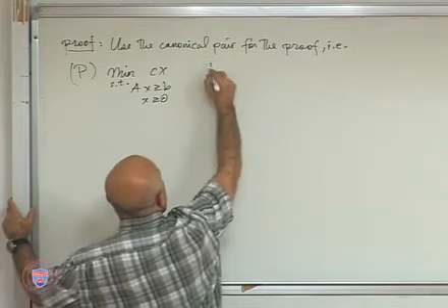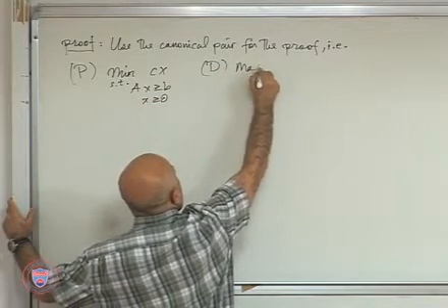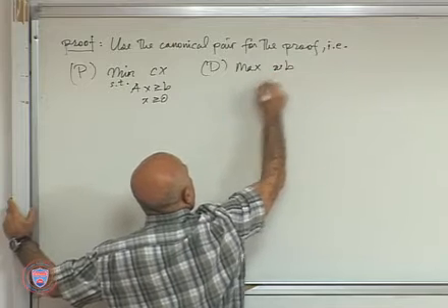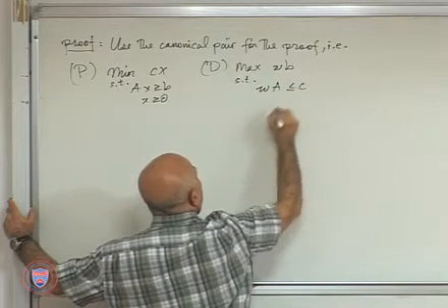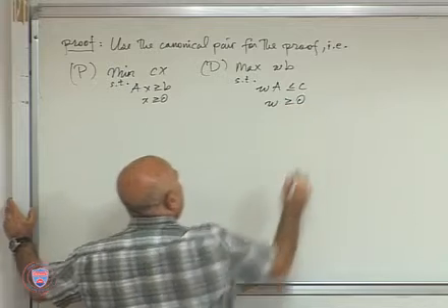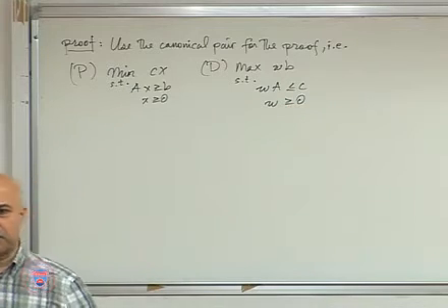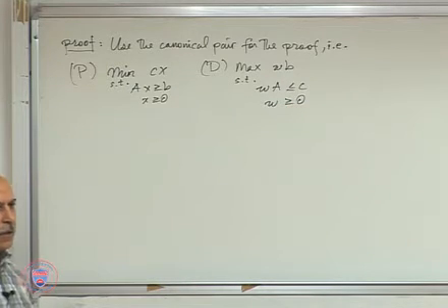And the dual is the maximization of Wb with WA less than or equal to C and W greater than or equal to 0.